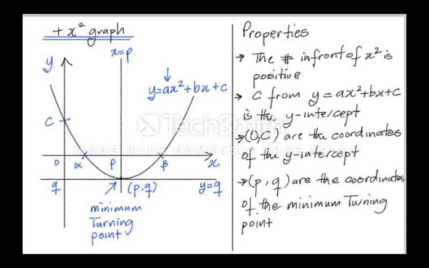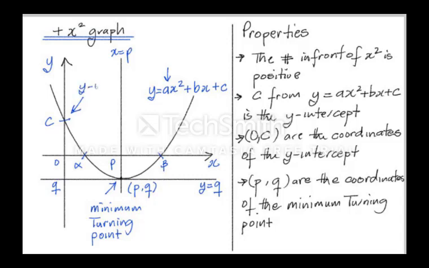So c, from y is equal to ax squared plus bx plus c, that number at the end of the quadratic function, the constant, is the y-intercept. So here we have the y-intercept. The y-intercept is simply where the graph cuts the y-axis.